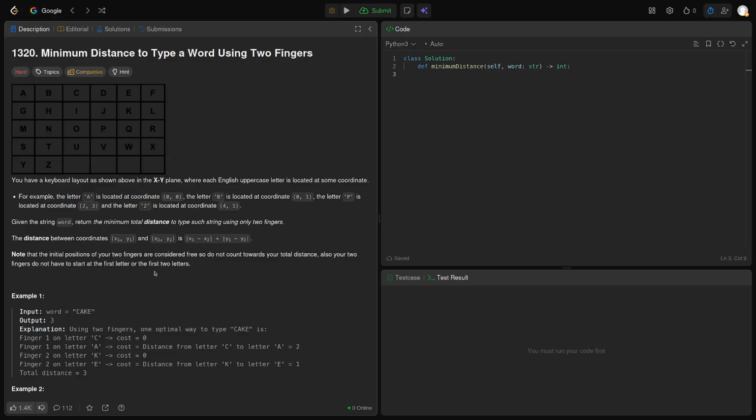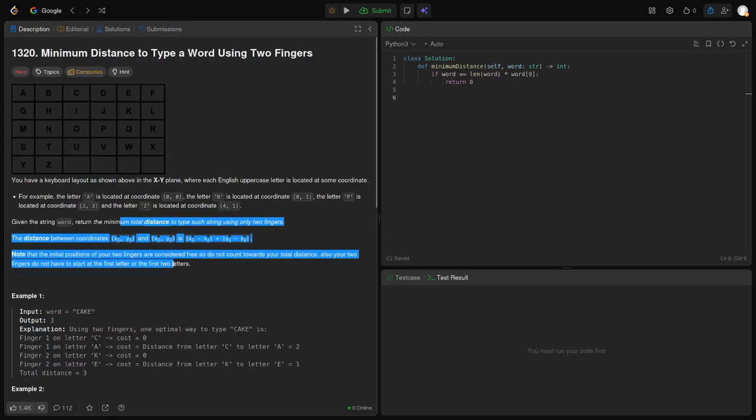Now this almost always happens. As I said, when we have at least two distinct letters, it's worth it. So first, if the word is equal to len(word) times word[0], return 0, because we always press with a single finger.